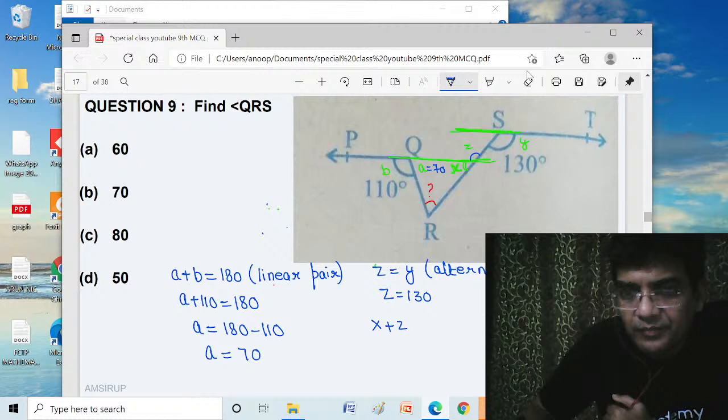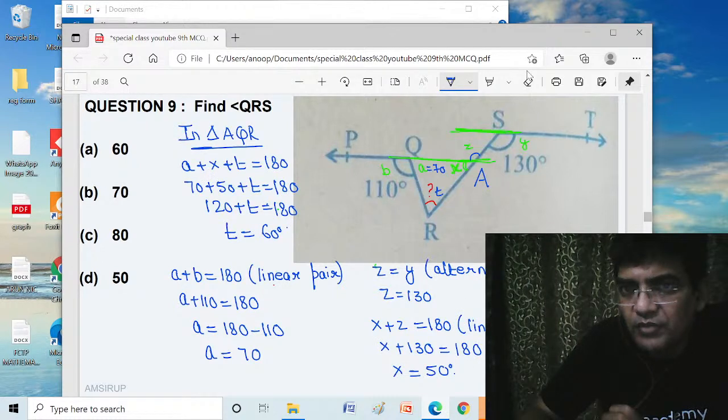So T I am calculating as 60 degrees. In the question they have asked us to find the angle QRS. In the diagram you can see QRS; this angle was considered as T. So T is 60, and my answer will be 60 degrees.